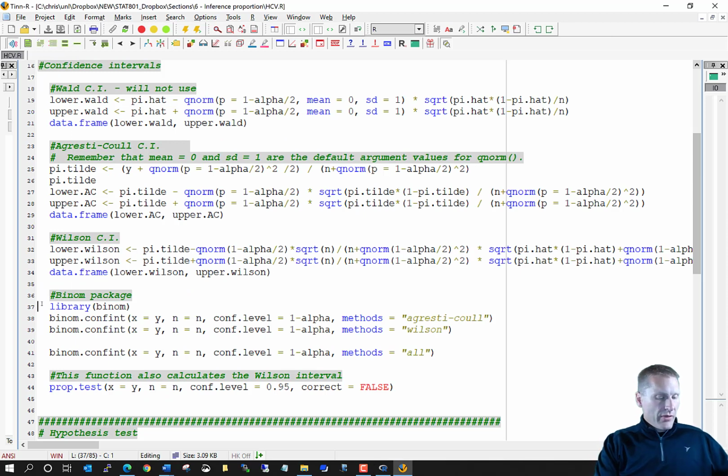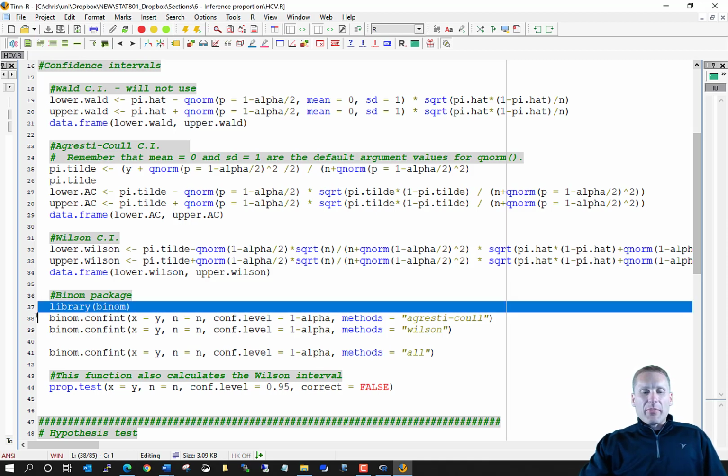Okay, so that takes us to page 10. Now, similar to other situations, I've showed you the harder way to do the calculations first. Here's the easier way to do the calculations. There's a package in R called binom, for binomial. This is a package that you would need to actually install yourself if you're going to use it.